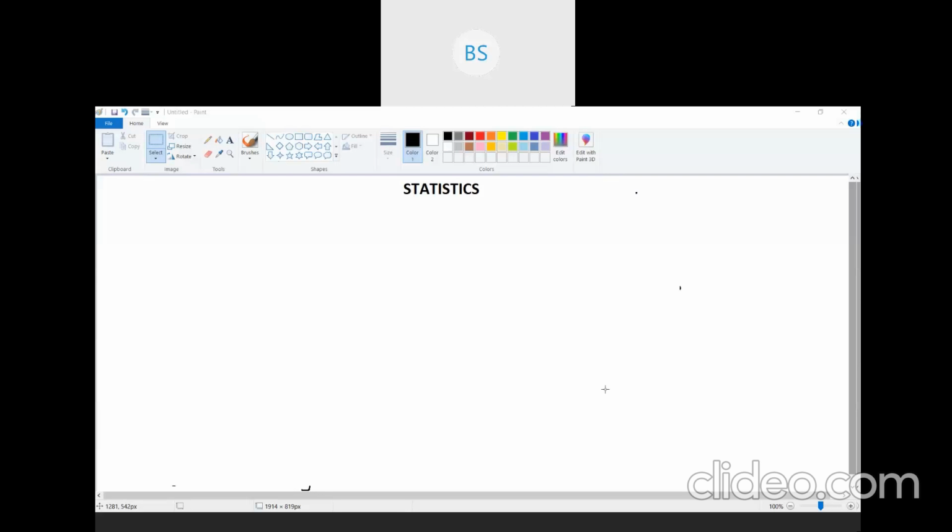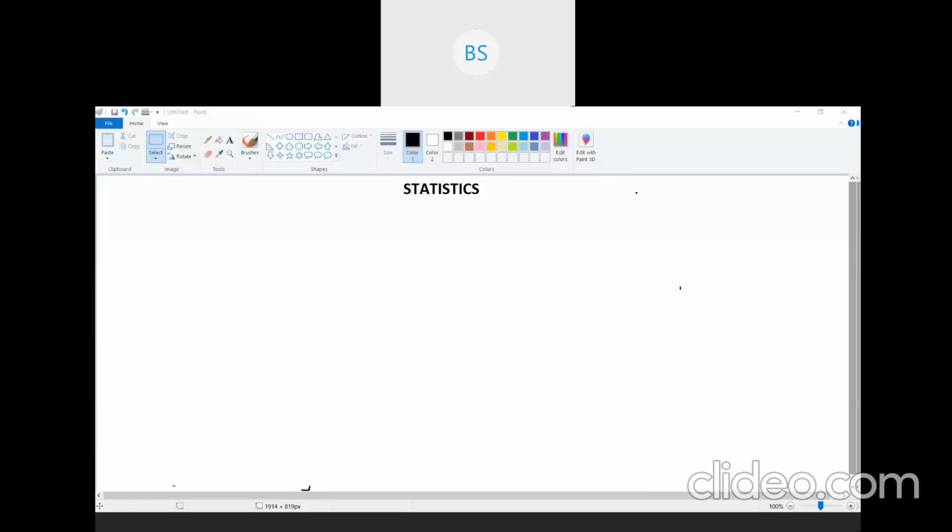Then we have class interval. Class interval is a group of data, I mean the range in which we write down the group of data given to us. Then we have class limits. Class limits mean the boundaries of the class intervals given.